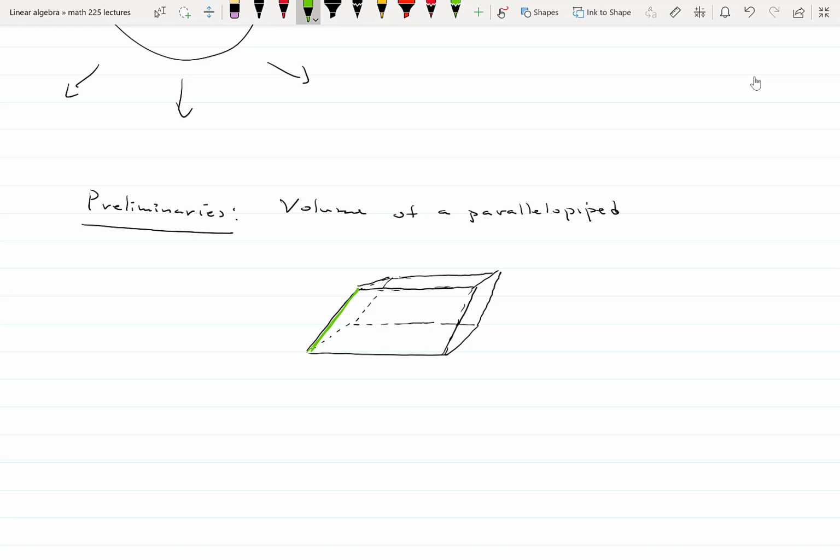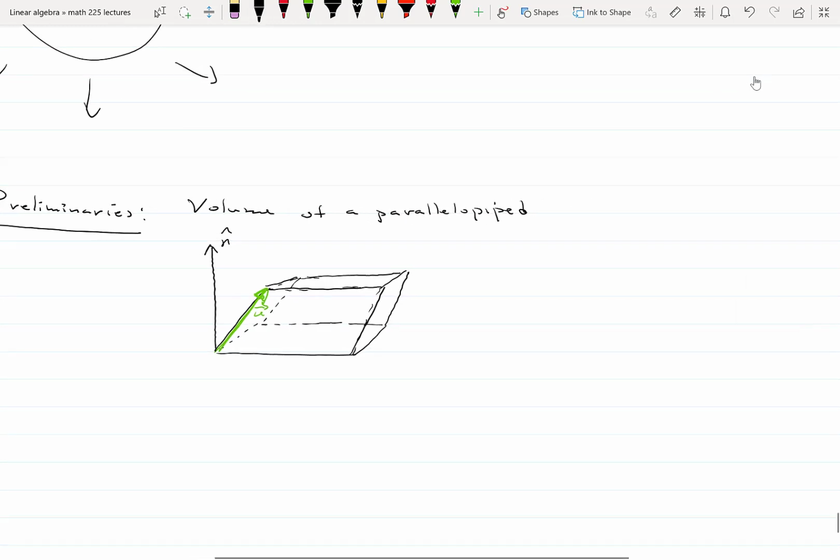Okay, so along one edge of the parallelepiped, I'm going to put a vector. Maybe I'll put it in green. I'm going to call that vector u. It's not a unit vector, so just u. Perpendicular to the base, I'm going to draw another vector. This vector is a unit vector, n hat. Let's say S equals the area of the base.